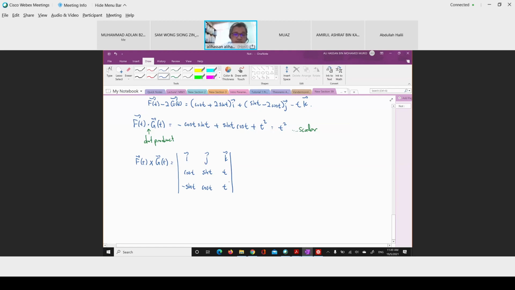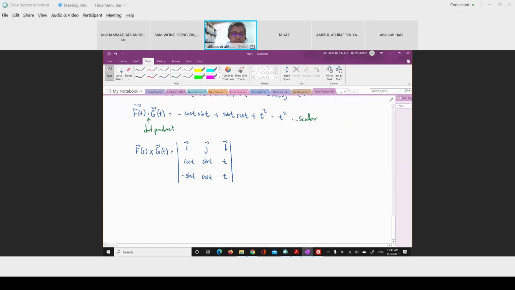Do you still remember how to find the determinant of a 3 by 3 matrix? One technique is to write down the first two columns beside the determinant.